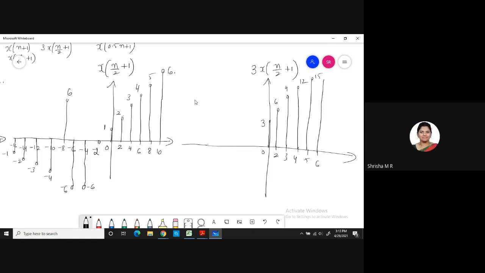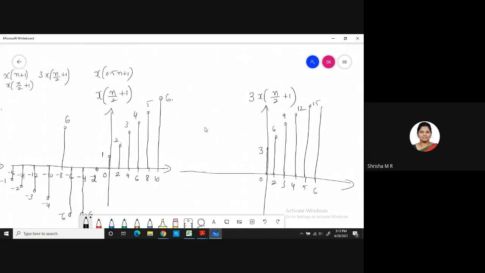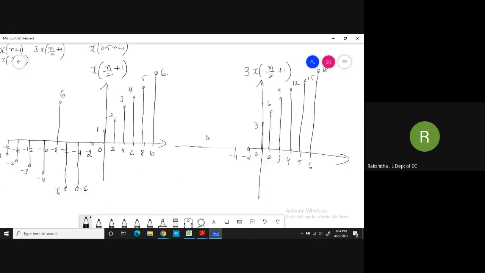At minus 2, it will be 0 only. At minus 4, it will be minus 18. Excuse me, ma'am, here it should be like 2, 4, 6, 8, and 10, right, ma'am?